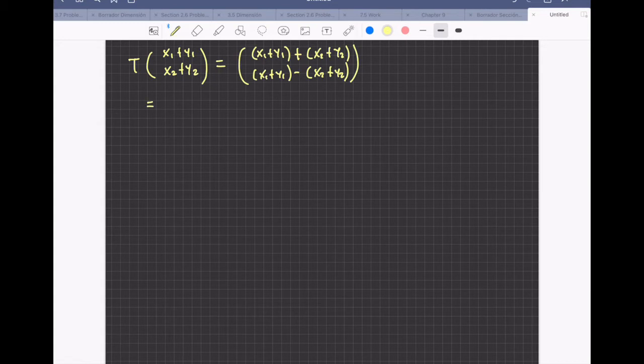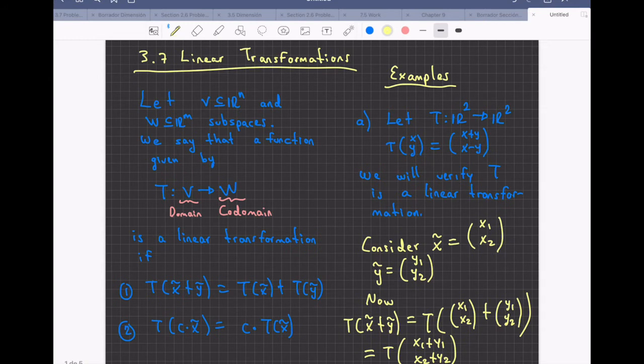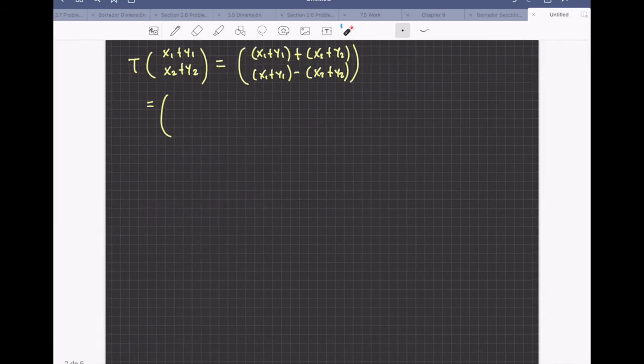And then we can manipulate this. I have to show that it is equal to T of x plus T of y. Notice, T of x would be T of (x1, x2), which is (x1 plus x2, x1 minus x2). Now all of this inside, these are real numbers, so I can manipulate them.